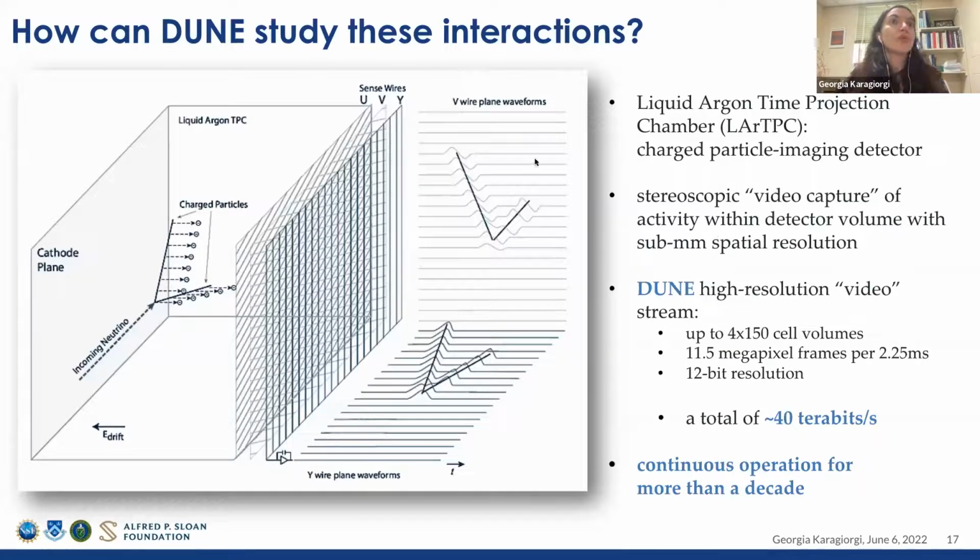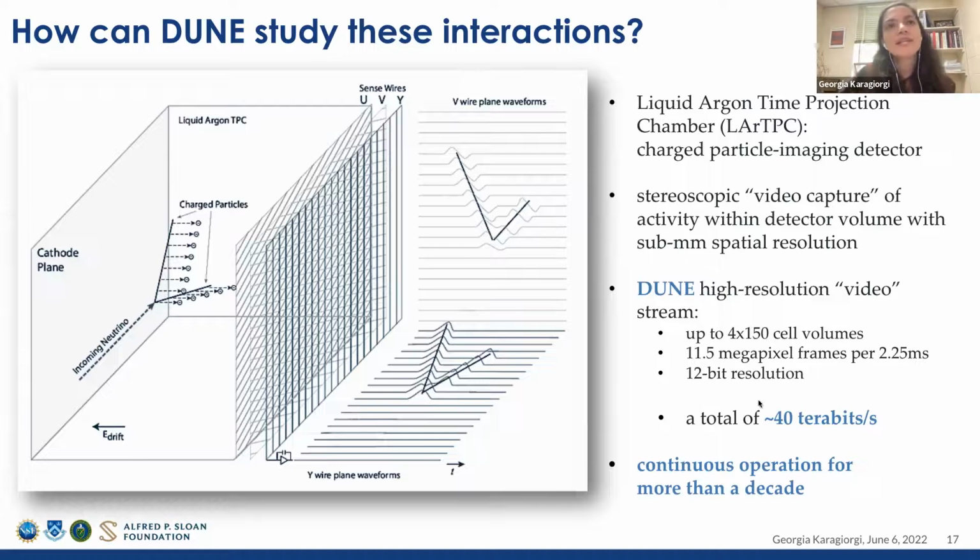And in the case of DUNE, just to get a sense of what kind of data rate this continuous video stream corresponds to, for every one of the 4 modules, we have about 150 to 200 of these cell volumes, and each one of them is read out in frames of 2.25 milliseconds, representing full projected views from different angles of this volume, with each frame being 11.5 megapixels in size, and with each pixel having 12-bit resolution.